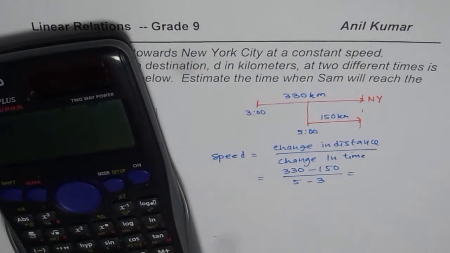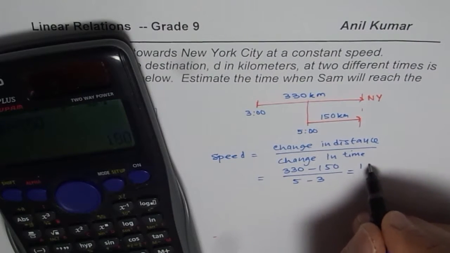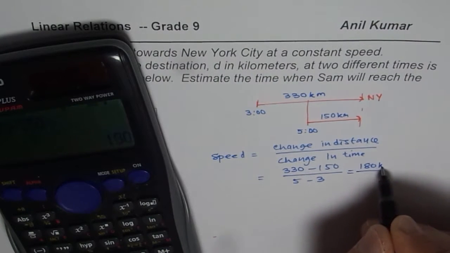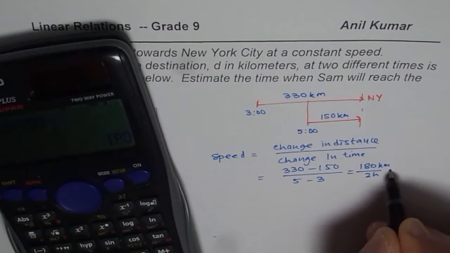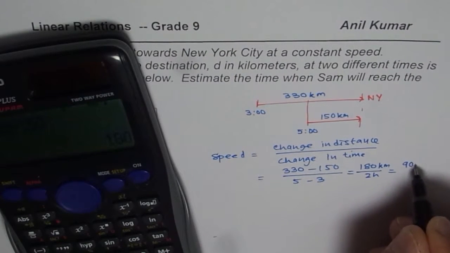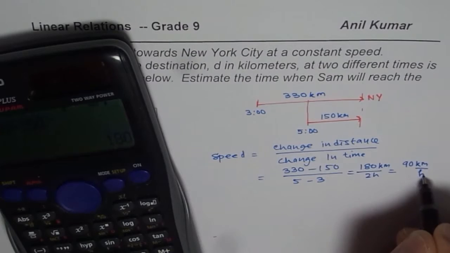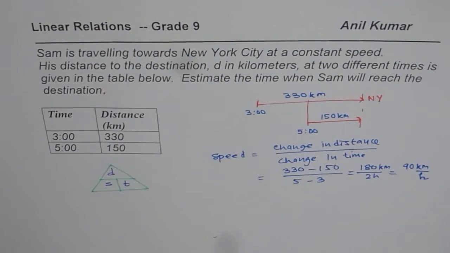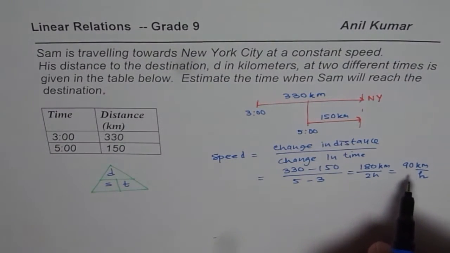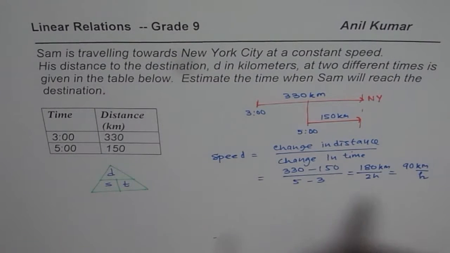So it is 330 minus 150. Distance covered is 180 kilometers in 2 hours, right? So therefore the speed is 90 kilometers per hour. Do you understand? So 90 kilometers per hour is the speed.